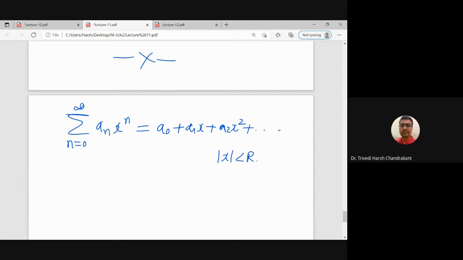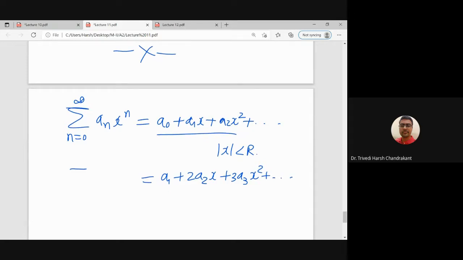So whenever the series converges, we can differentiate it. So if we differentiate this series, what do we get? We get a1 plus 2a2 x plus 3a3 x square and so on. Right. So that series, if we write in the summation form, it is summation n equals 1 to infinity n an x power n minus 1.